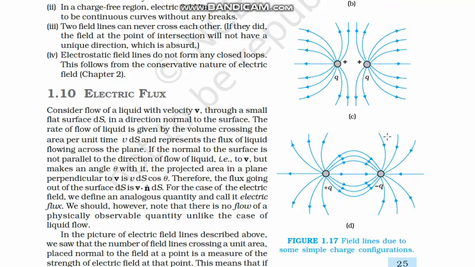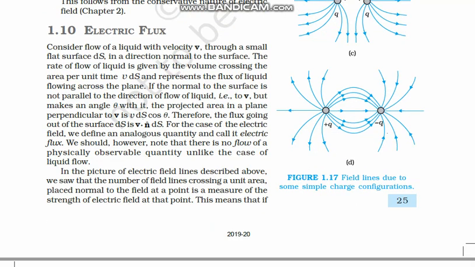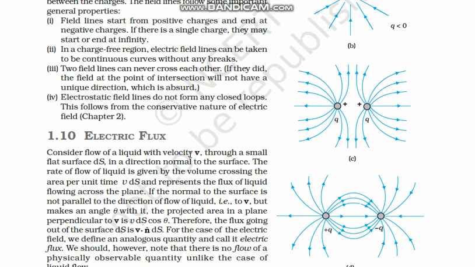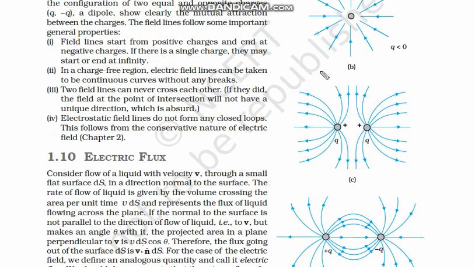And if we go to this diagram again, they are forming a closed loop like this. These are closed loops, but again no field lines are intersecting each other. Not in any case, whether positive charges, negative charges, single charge, or multiple charges, field lines never cross each other.